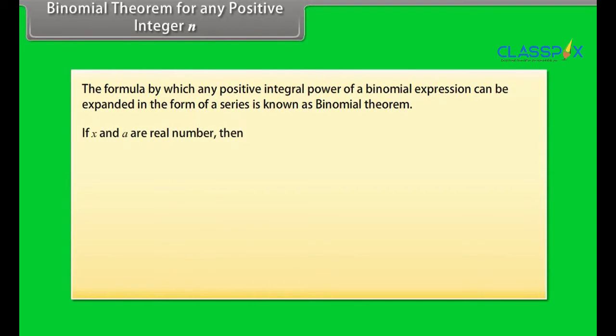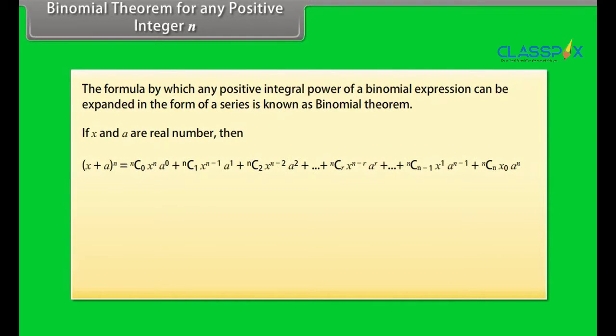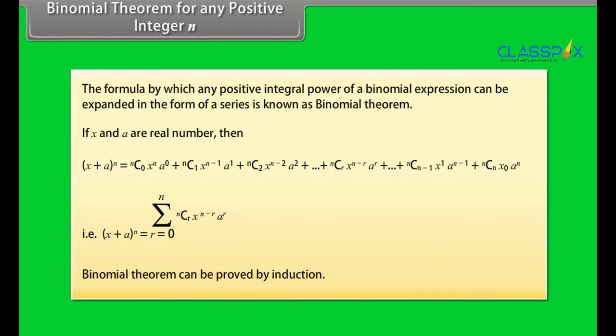If x and a are real numbers, then (x + a)ⁿ is equal to the summation from r = 0 to n of nCr into x^(n−r) into a^r. The binomial theorem can be proved by induction.